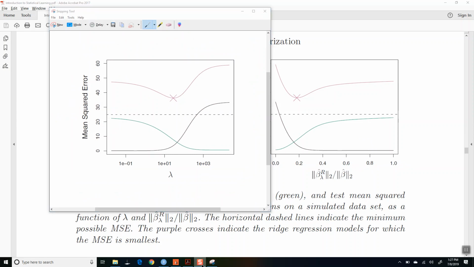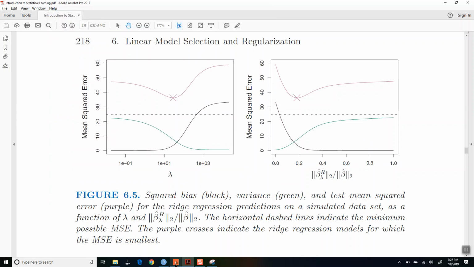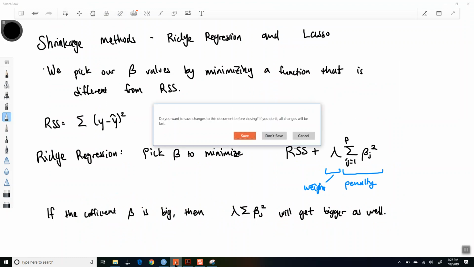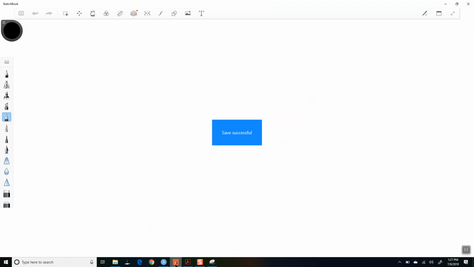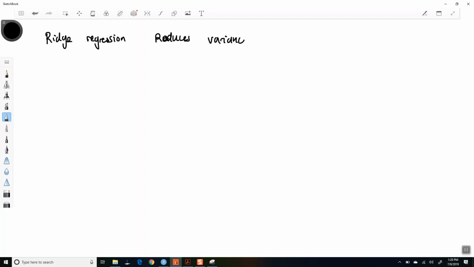Copy this, we'll put this over here. Okay, so ridge regression reduces variance in our beta estimates.